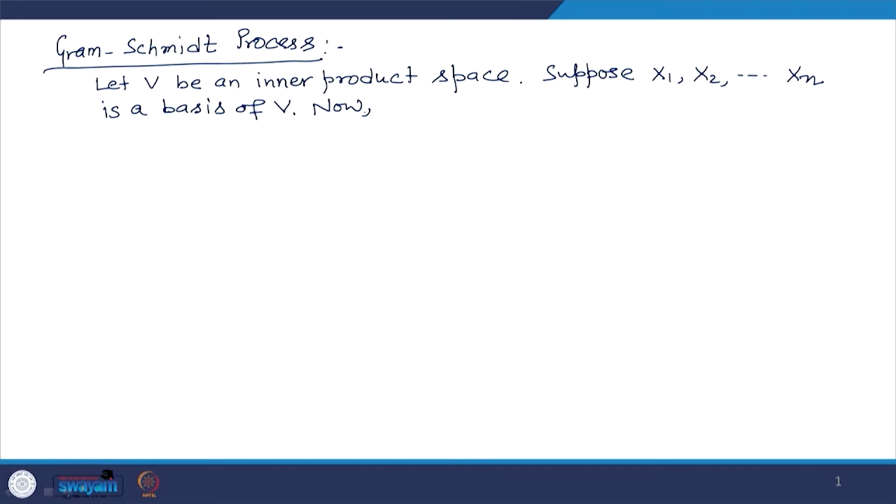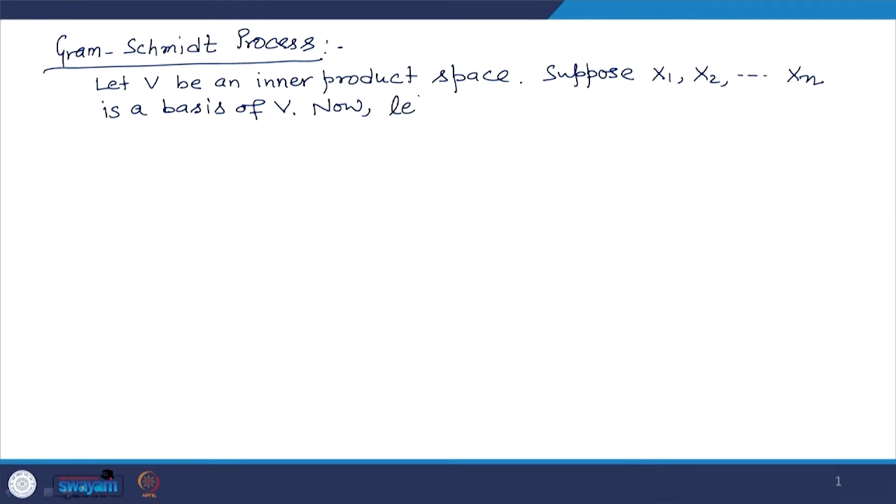Now, I want to convert this set of vectors containing x1, x2, ..., xn into a set of vectors that are orthogonal. So, now let V1 equal x1. Whatever first vector you have here, I have written as such.